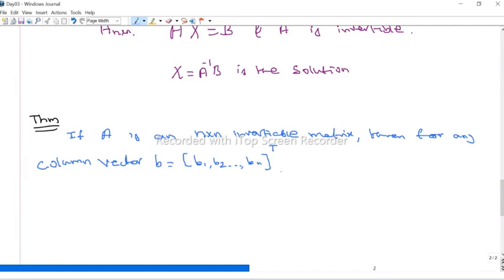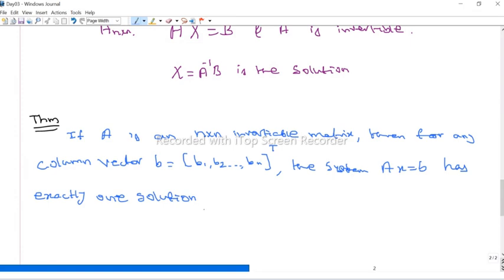Then the system Ax equal to b has exactly one solution, namely x equal to A inverse b.